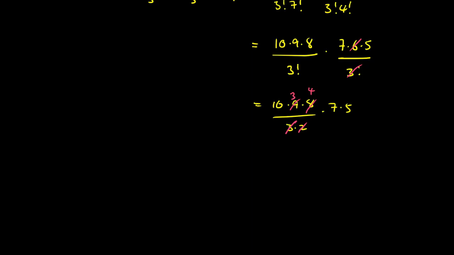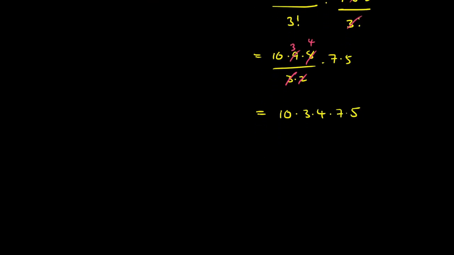So we end up with 10 times 3 times 4 times 7 times 5. I don't know what the best way to do that is. 3 times 4 is 12, and 12 times 7 is 84.